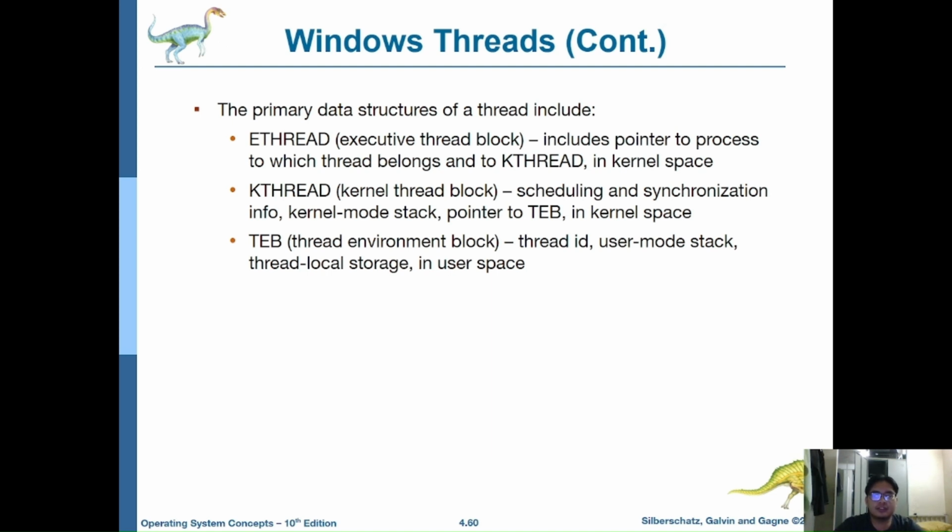The ETHREAD, the executive thread block, includes a pointer to the process to which the thread belongs and to the KTHREAD in kernel space. Secondly, the KTHREAD, the kernel thread block, includes scheduling and synchronization information, the kernel mode stack, and a pointer to the TEB in kernel space. And lastly, the TEB, the thread environment block, contains thread identification, the user mode stack, and thread local storage in user space.